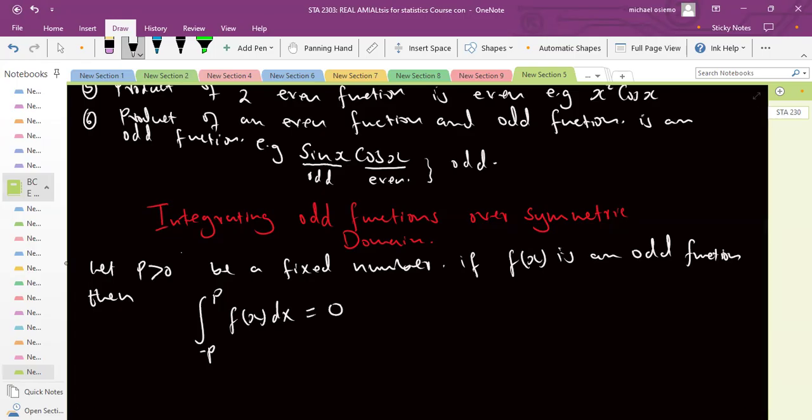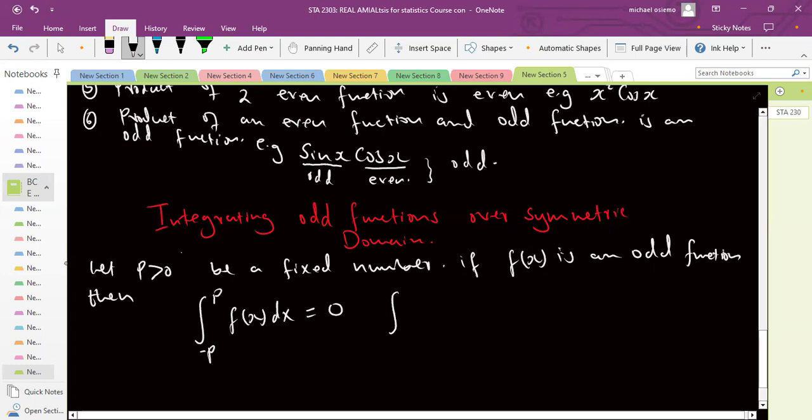Why am I saying it will be equal to 0? It's because from negative p to 0 it is symmetrical, so we have the integral from negative p to 0 of f of x dx plus the integral from 0 to p of f of x dx.